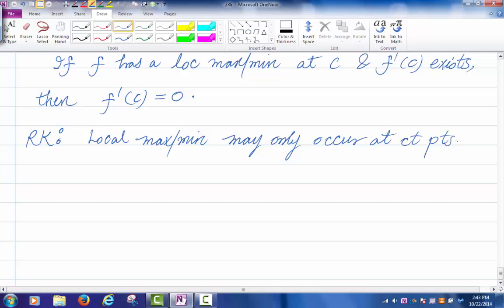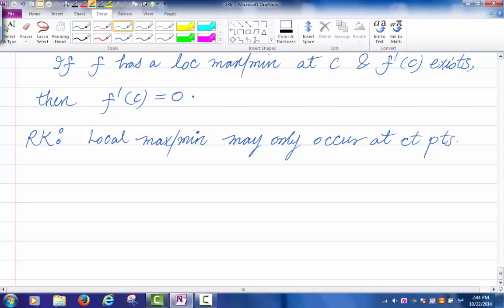Okay, that's the implication of this result. So if you have to find the local maximum and local minimum values of a function, what's the first thing you would want to do? Well, what are the possible locations of local maximum? Critical points. You find the critical points, and then you have to decide whether at each of those critical points you have a local max or a local min or neither. Okay? Is that making sense? Is everybody okay with that?